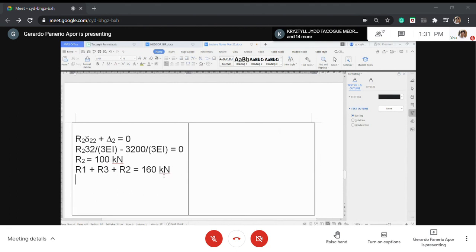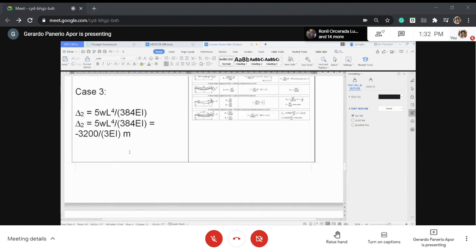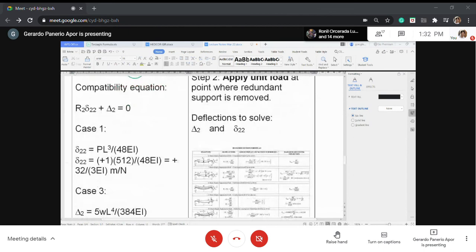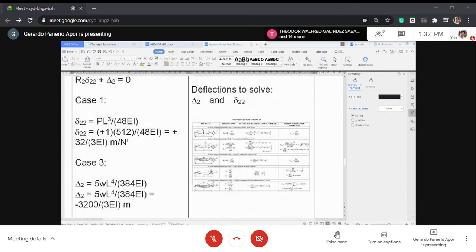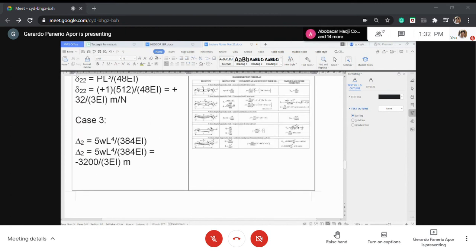You have R1 is equal to R3. Effective ano ba sila? 50 kN. 50 kN. But this is too big, no? Too big. Something is wrong here. PL cube over 48 EI, that's correct. Maximum deflection 5W L fourth over 384 EI.